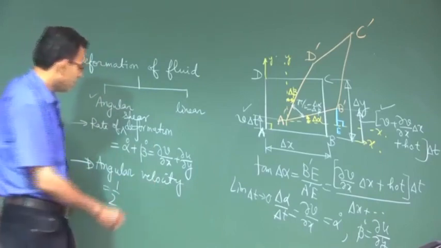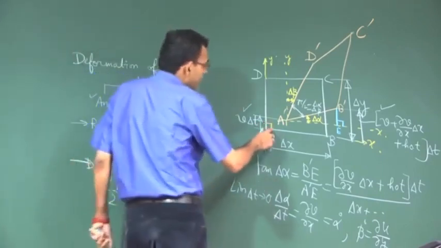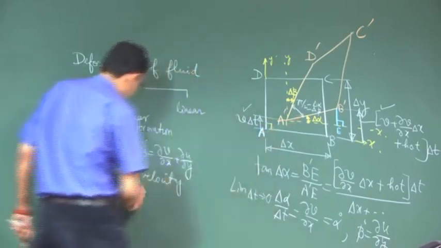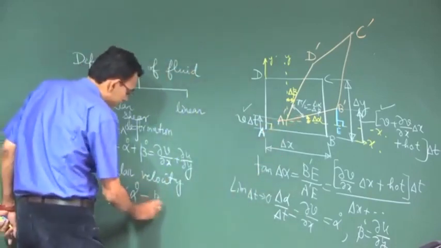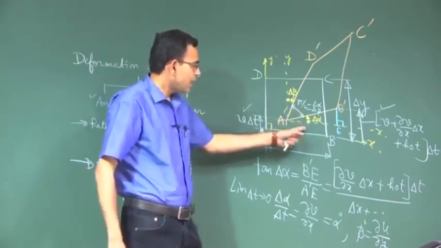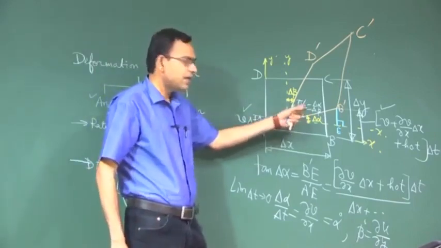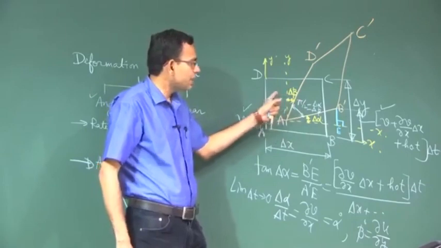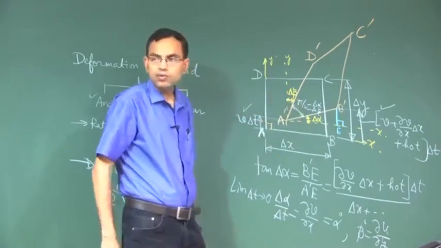So the average of angular velocity of these two line elements, that is alpha dot. Why minus beta dot? Because as per the schematic, alpha dot is in the positive anti-clockwise direction and beta dot is in the negative or clockwise direction.